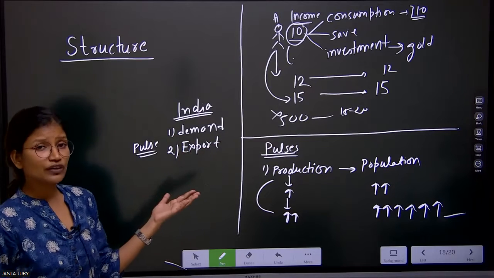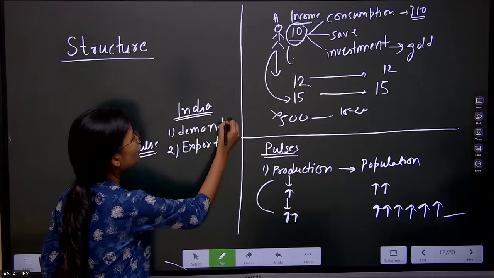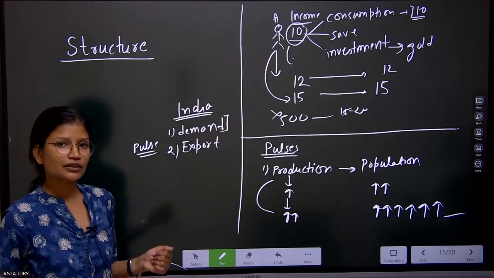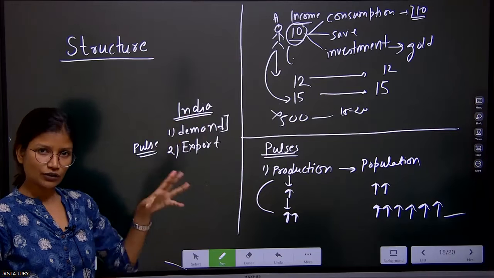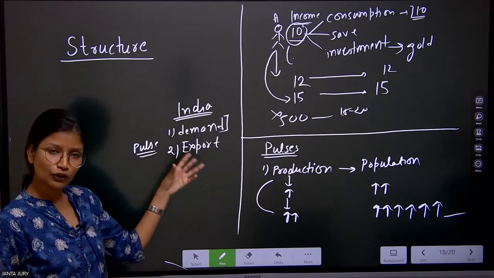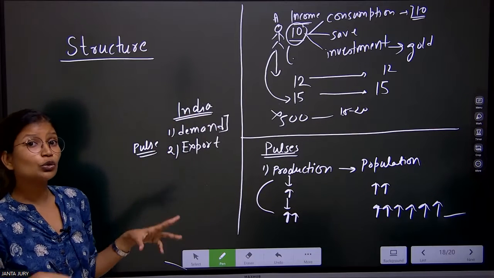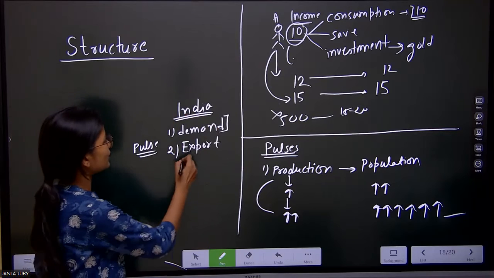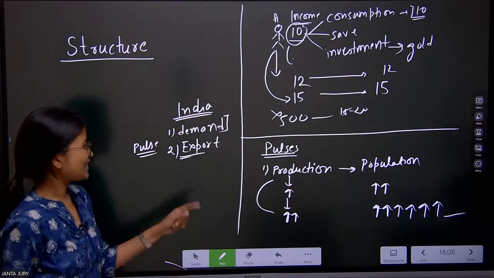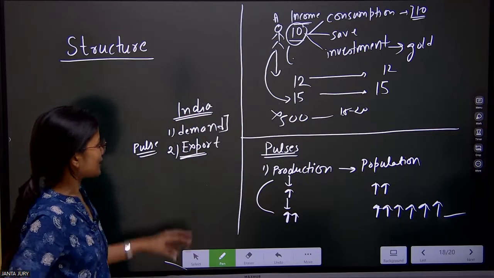But what is happening in the case of India? India is unable to fulfill the demand of its population. Leave the export, in fact, we are importing food grains. Not food grains, but pulses, almost 2 to 3 million tons annually. So we are importing pulses.